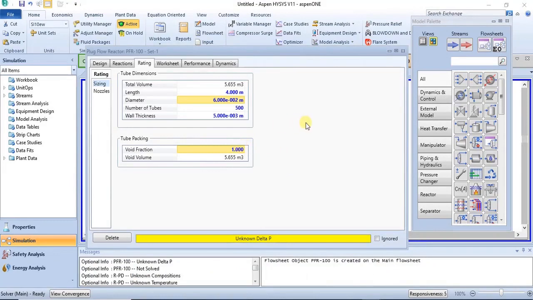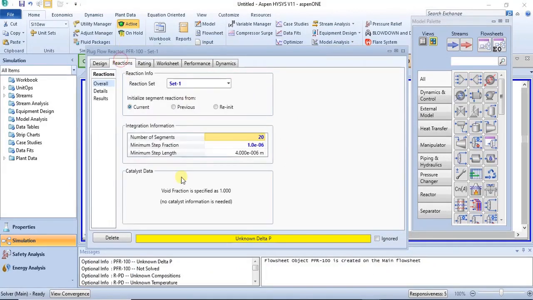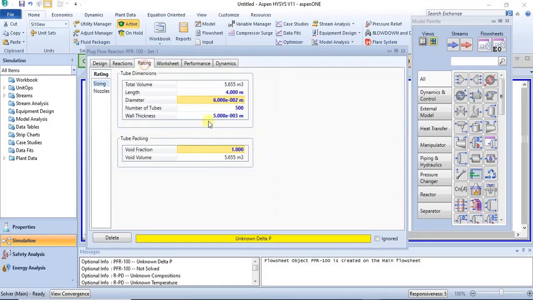Now you see, when the void fraction is 1, the catalyst data is not activated. But once you change it to a fraction, probably less than 1, it activates that section.